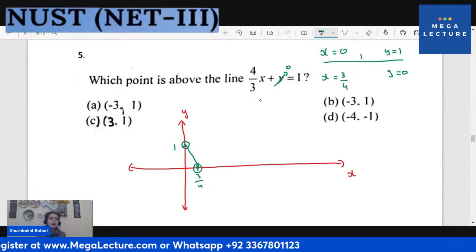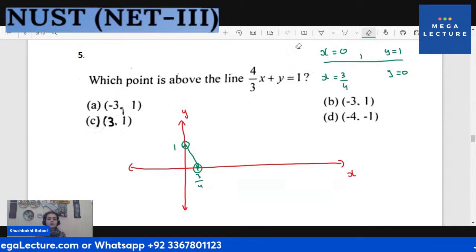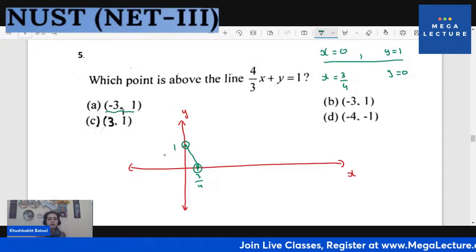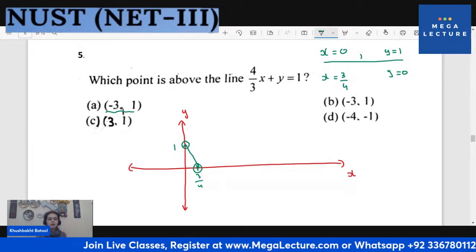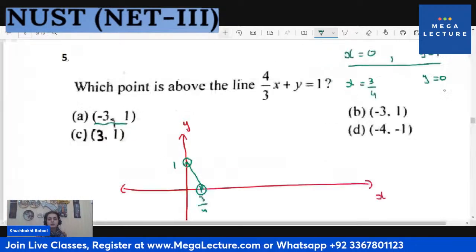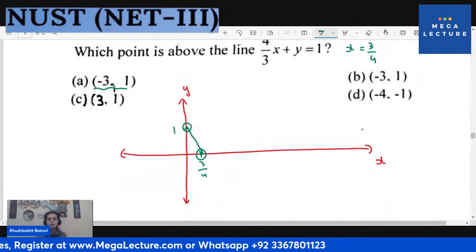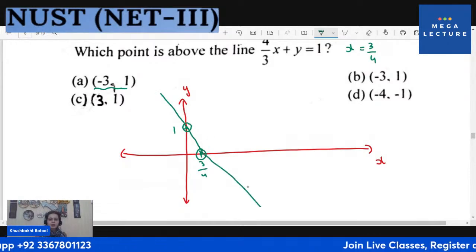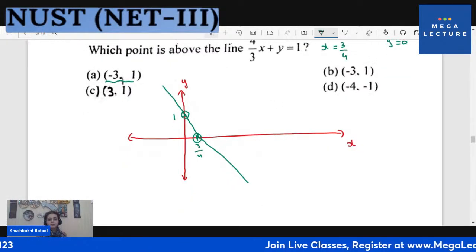Now you need to see if minus 3 and 1 is above this line or below this line. Minus 3 would basically be somewhere here. If I need to continue the line just so we are able to find it correctly, the line would not be that proper, but just for your understanding, it would be something of this type, right?